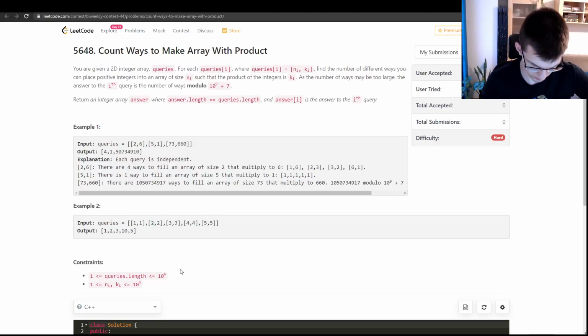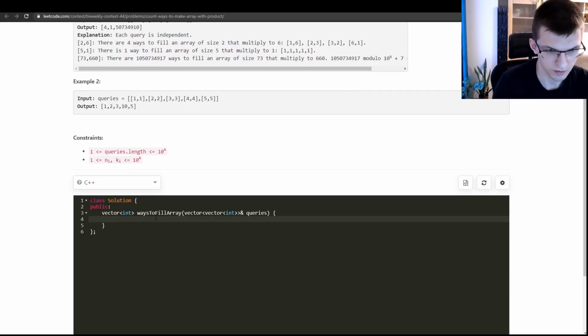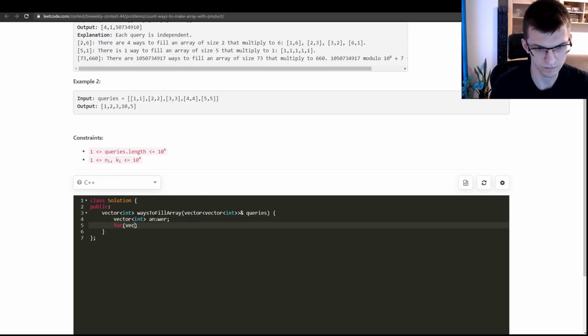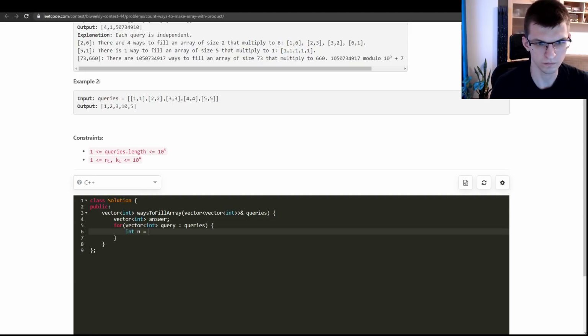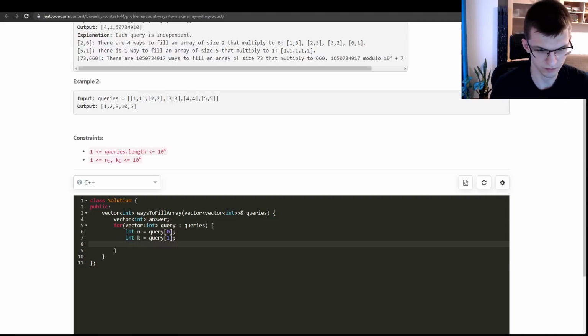And then what? I think I see. Every prime will be treated separately. Need to factorize K.